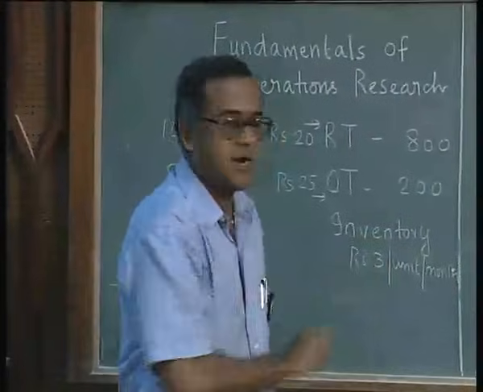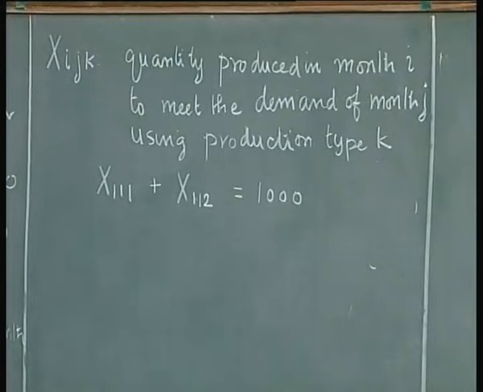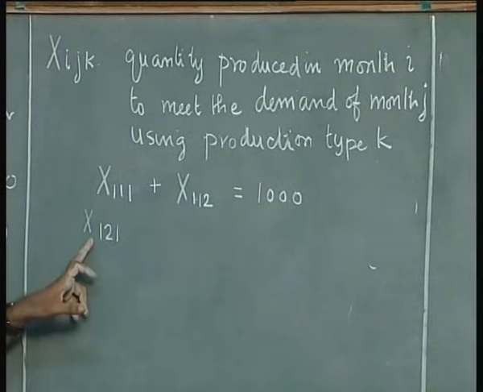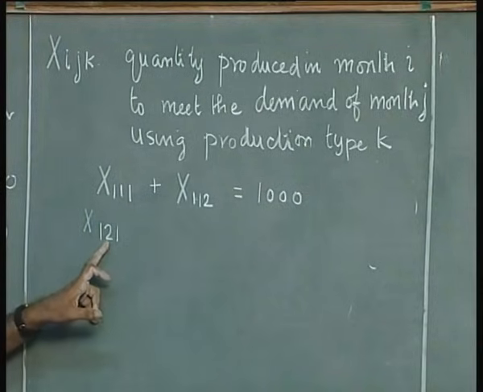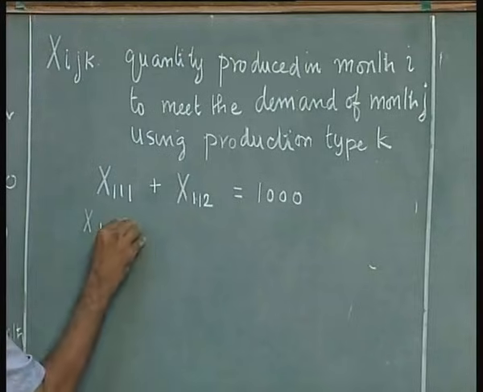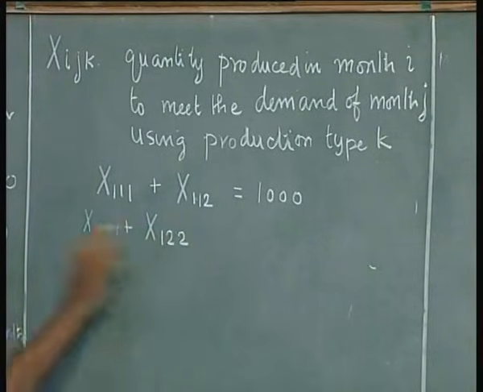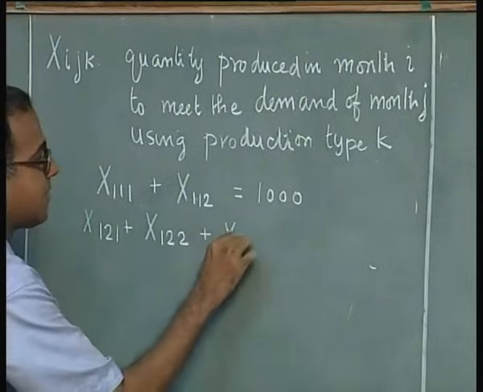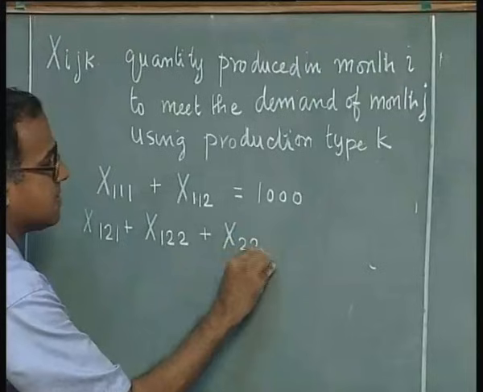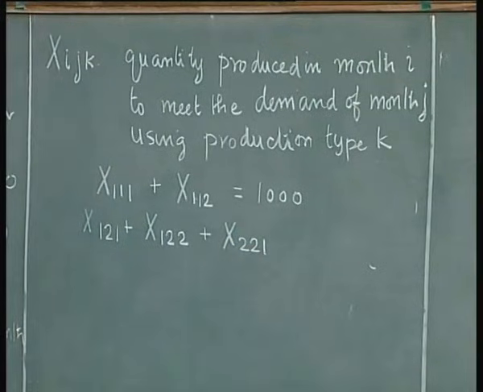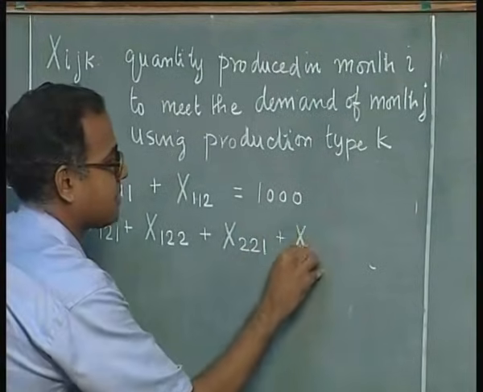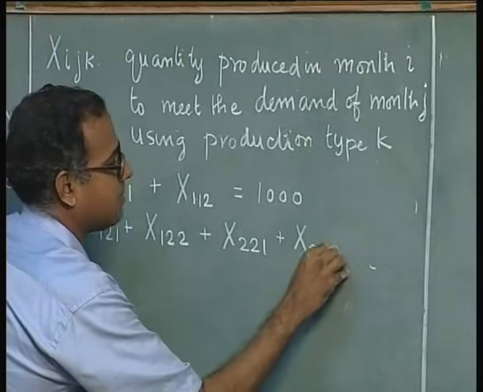So, the second month's demand can be met by production in the first as well as the second month. So, you will have x 1 2 1, produce in the first month to meet the demand of the second month by regular time, plus produce in the first month to meet the second month's demand by overtime, plus produce in the second month to meet the second month's demand by regular time, plus produce in the second month to meet the second month's demand by overtime.